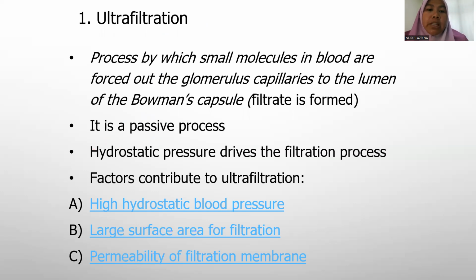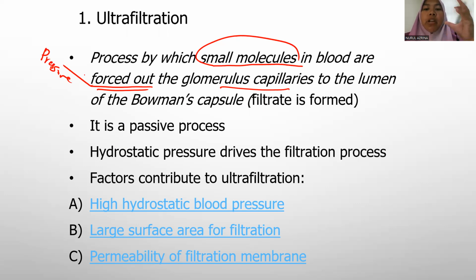Ultrafiltration is the process by which small molecules in the blood, which we will discuss later, are forced out of the glomerulus due to pressure. They are forced out from the glomerular capillary into the lumen of the Bowman's capsule to form filtrate.